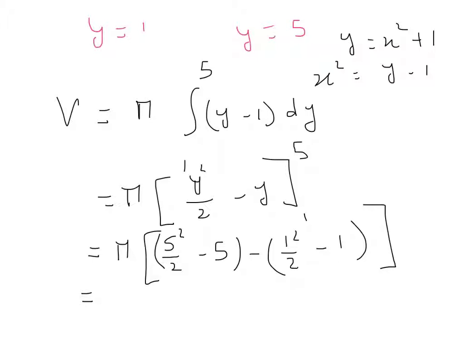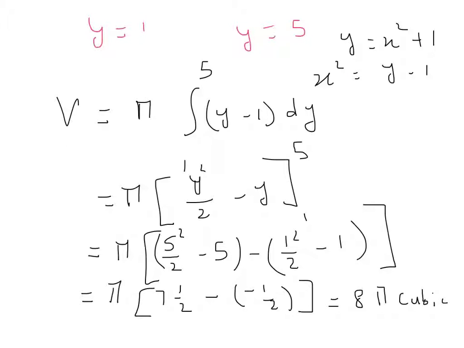Using the calculator, 5 squared over 2 minus 5 will give us 7.5 minus a half, and after all this calculation we will end up with 8 pi cubic units.